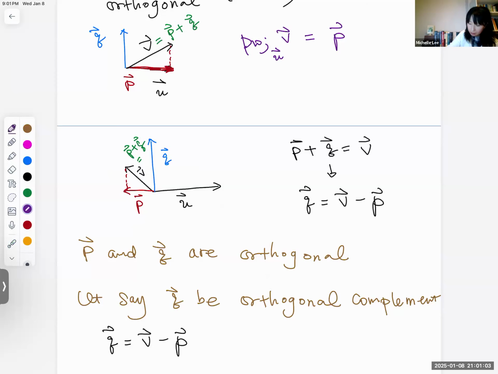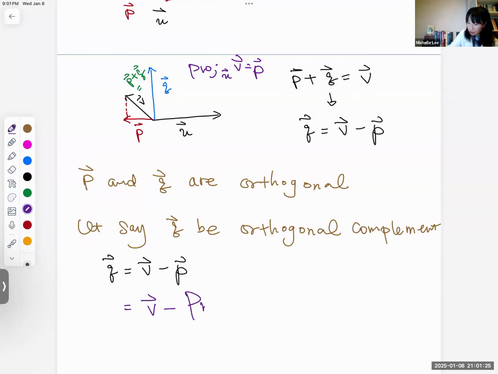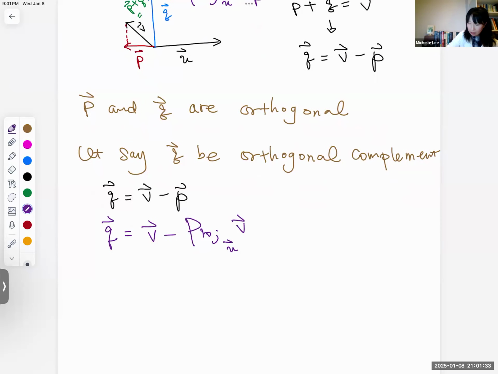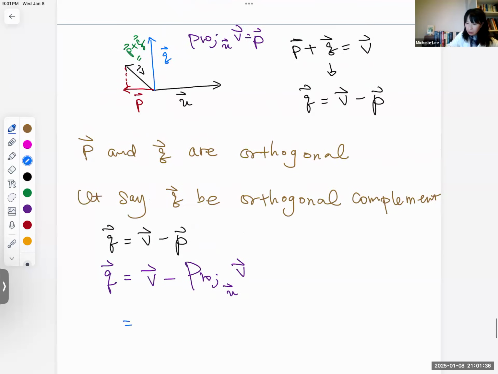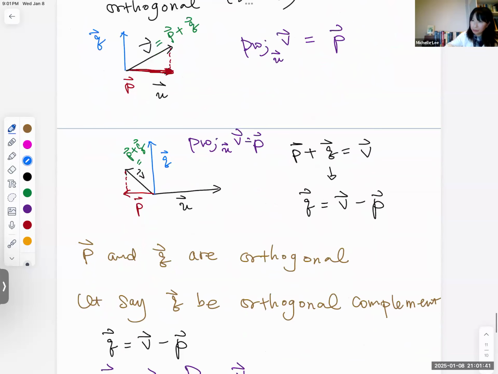Let me write down here. Where did this one go? So let me write down V onto U equal to P. All right. So then that means vector V minus P, P equal to that, so the projection of vector V onto U. That's it. Okay. Now what's the V? V equal to 6, negative 4.